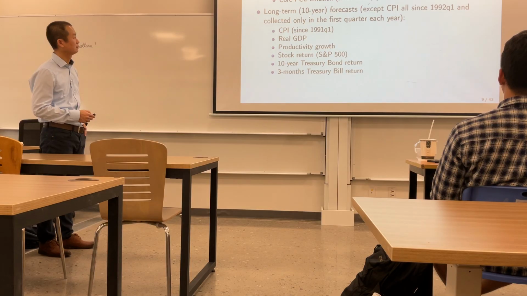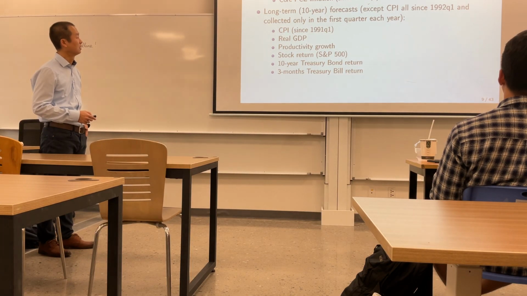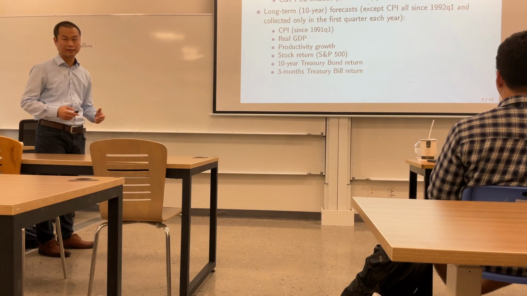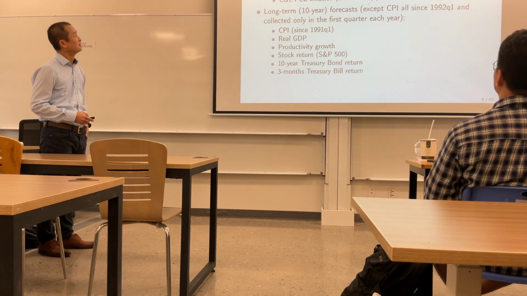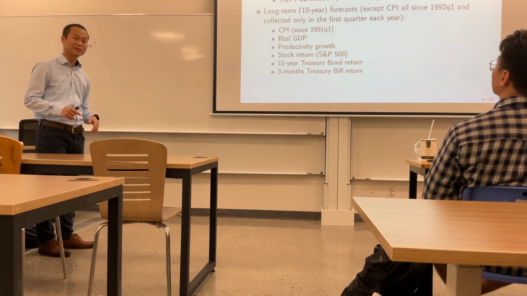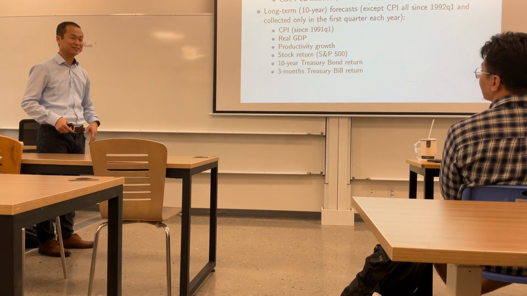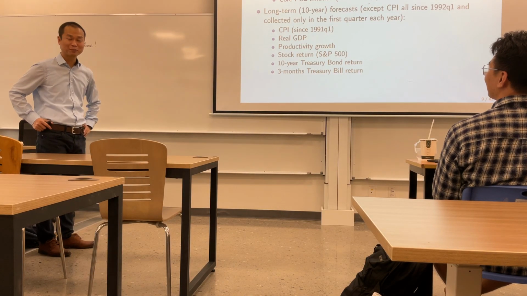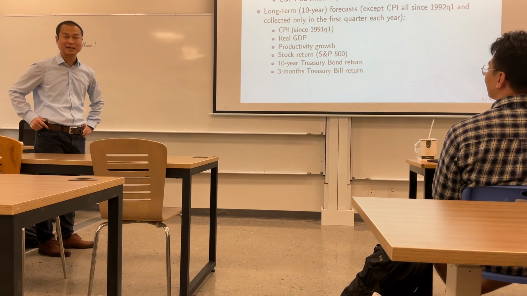And the long-term 10-year horizon forecast for CPI and economic growth. So this survey data provides a rich set of expectations about many variables from macroeconomics, but also financial issues as well.